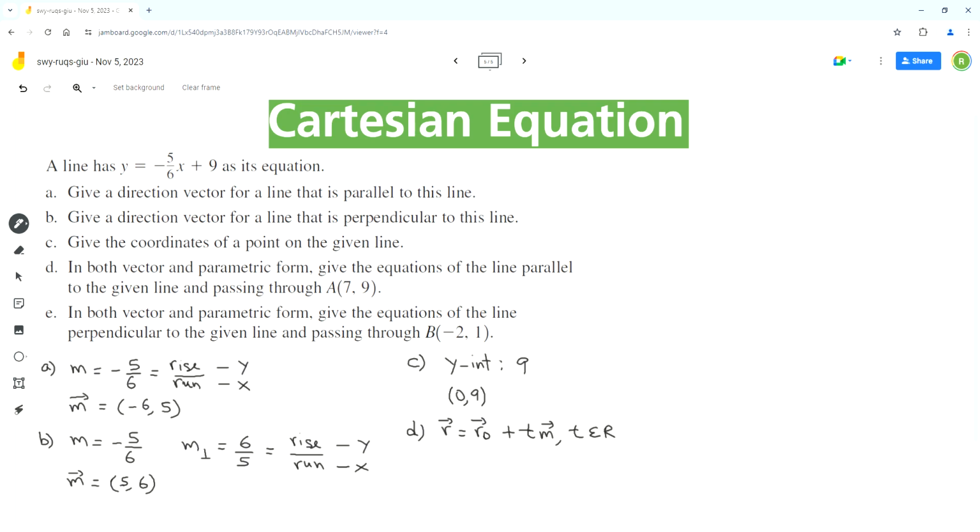In this equation, vector r represents the position vector of an unknown point on the line. Vector r0 represents the position vector of a known point on the line. And t is a parameter and it can be any real number. And m is the direction vector. So we know that point 7, 9 lies on this line.